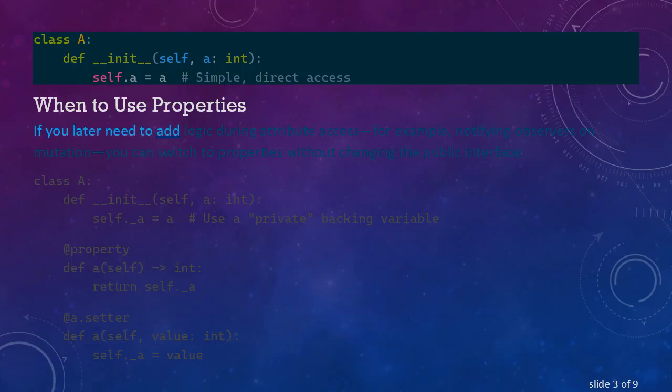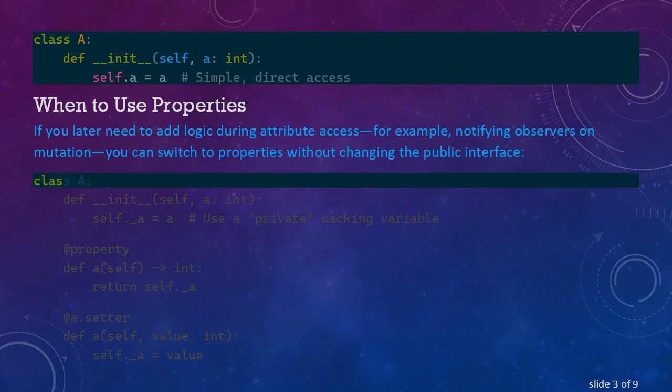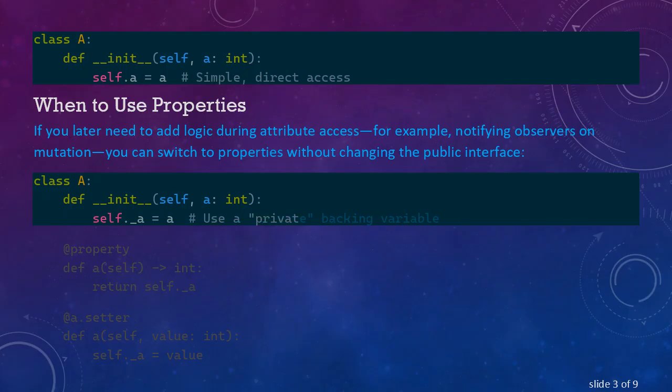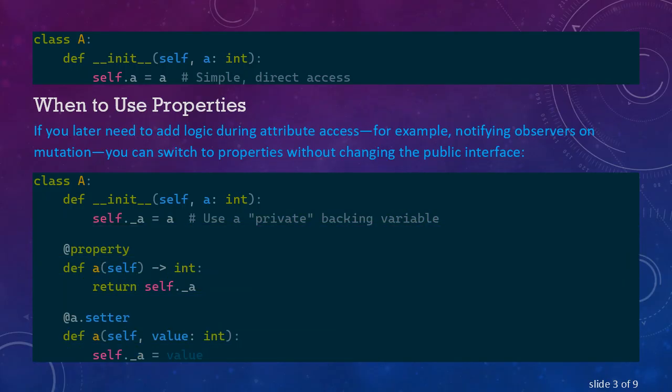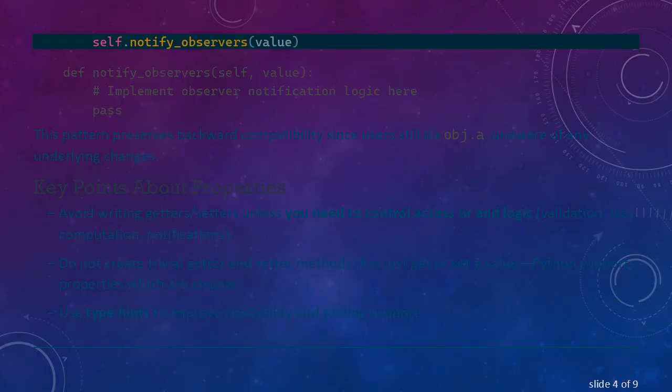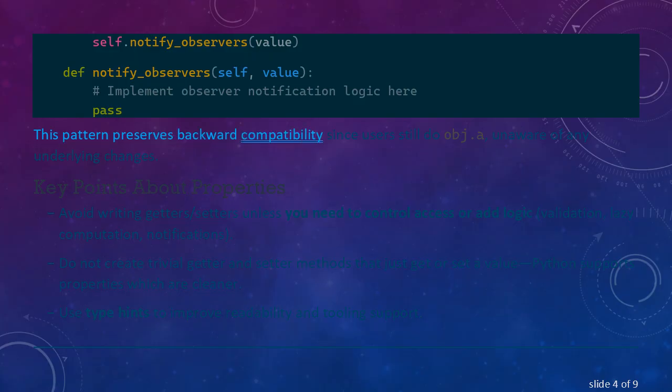If you later need to add logic during attribute access, for example, notifying observers on mutation, you can switch to properties without changing the public interface. This pattern preserves backward compatibility since users still do obj.a, unaware of any underlying changes.